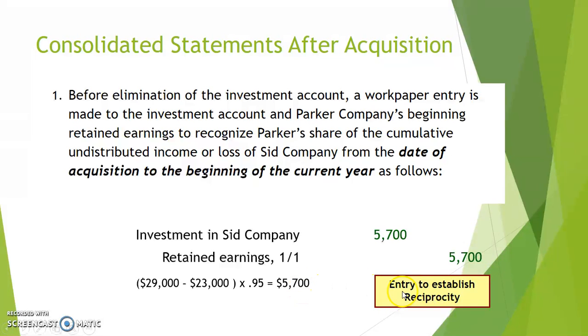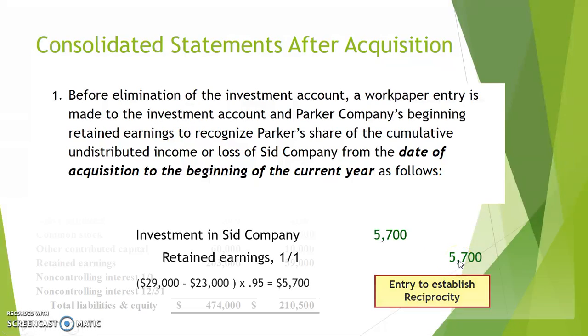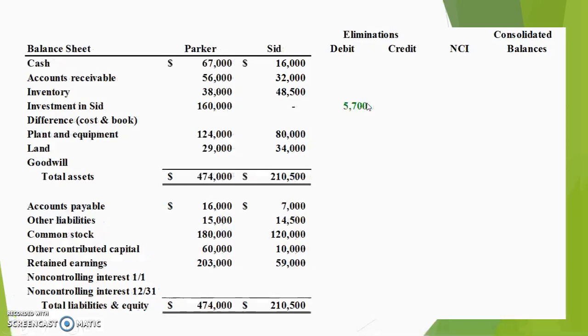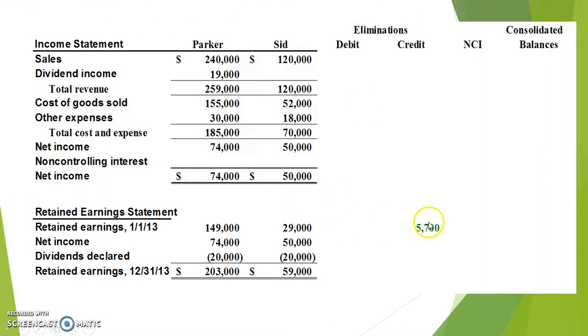And we make this entry to establish reciprocity. So we debit the investment in said company 5,700 and we credit the beginning retained earnings. On your working papers, the debit goes to the investment in said company 5,700 and the credit goes to the retained earnings of the Parker Company 5,700.